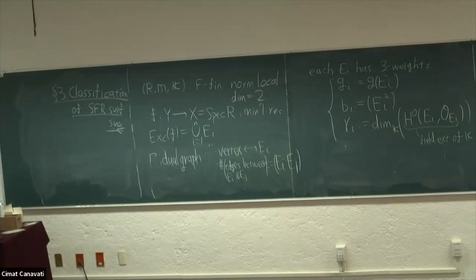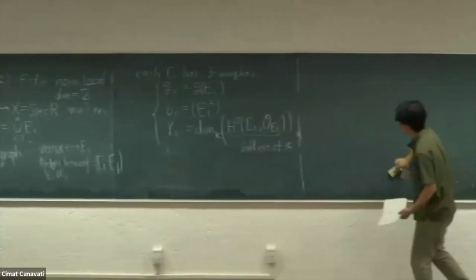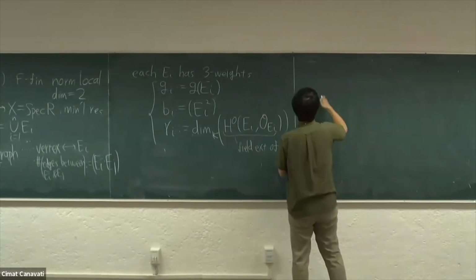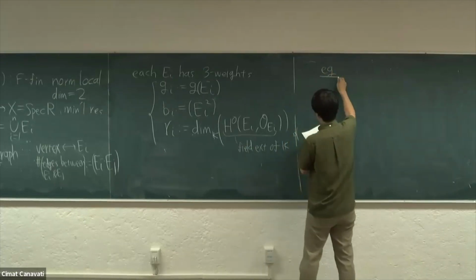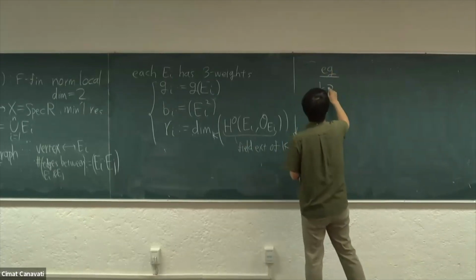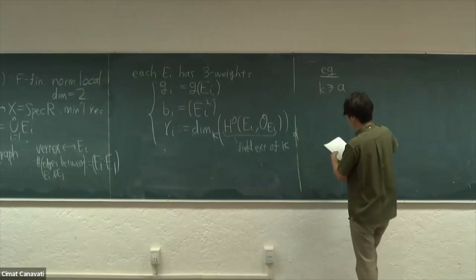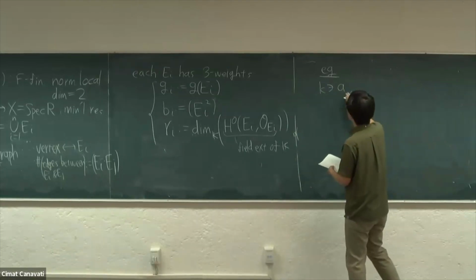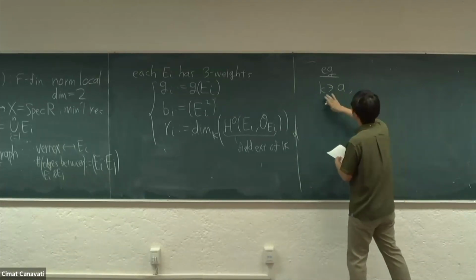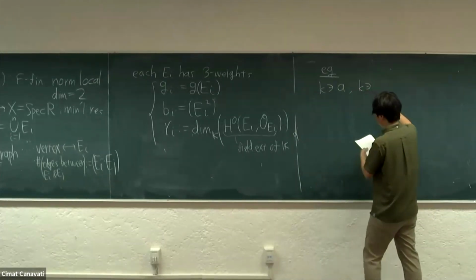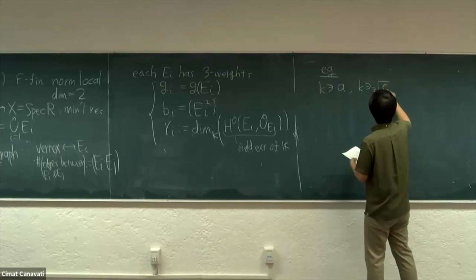So for example, K is an arbitrary field, and a is an element of K which satisfies this condition.